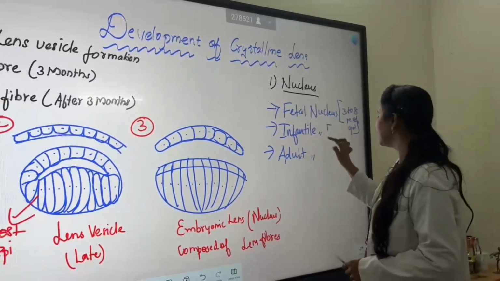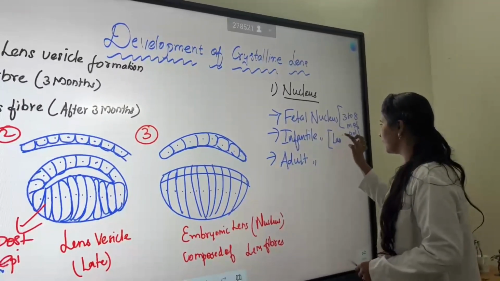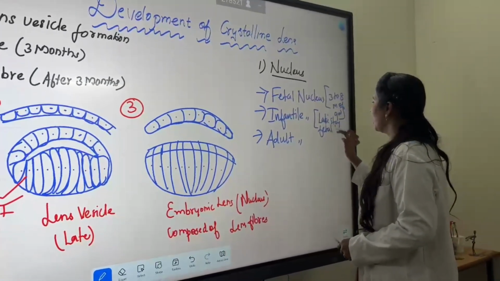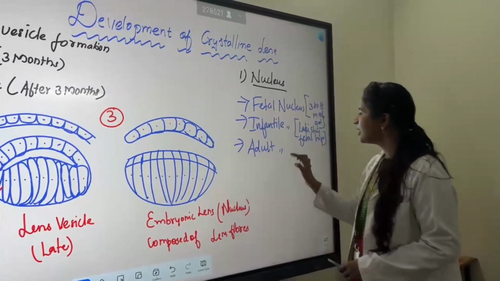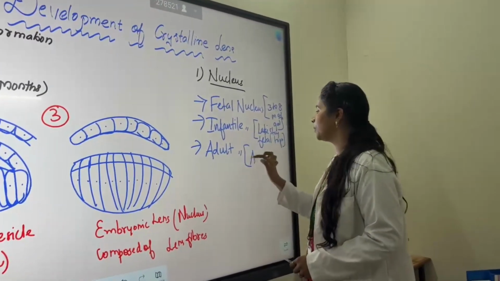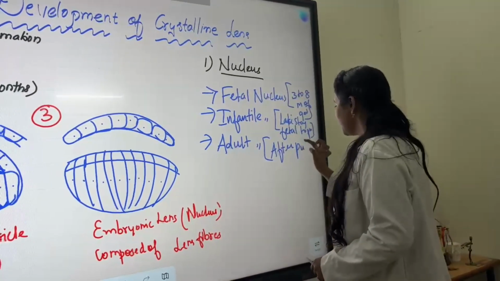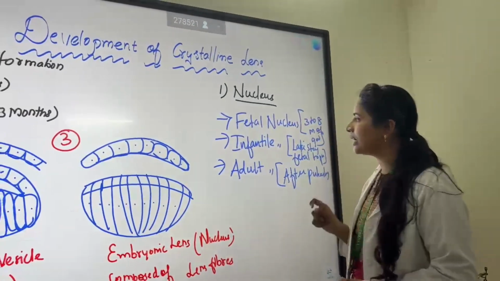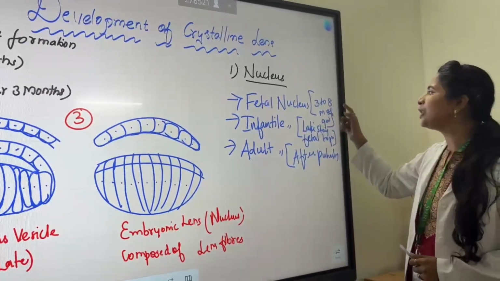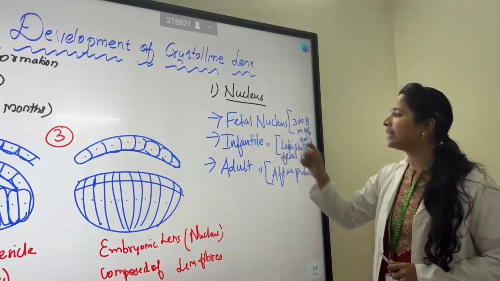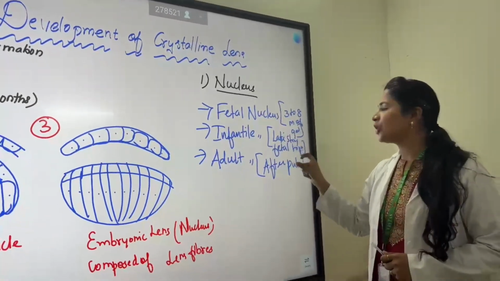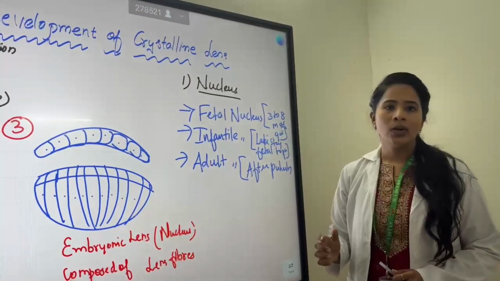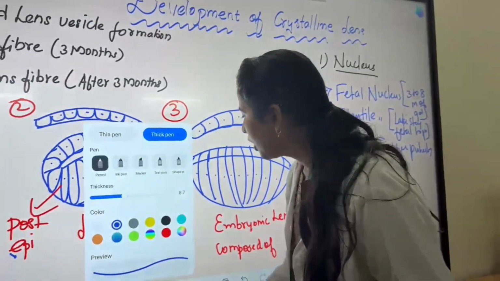The infantile nucleus occurs from late stage of fetal life to puberty. The adult nucleus comes after puberty. Is it clear for you? Let me tell you again. In the nucleus we have 3 types of nucleus. One is the fetal nucleus, present around 3 to 8 months of gestation, and the infantile nucleus occurs from the last stage of fetal life to puberty, and the adult nucleus comes after puberty.